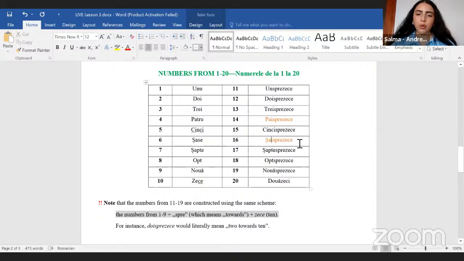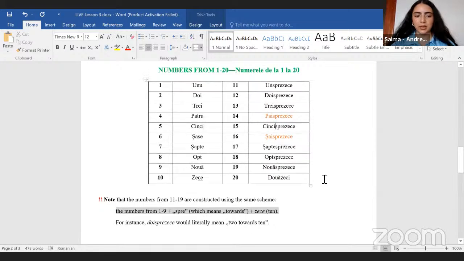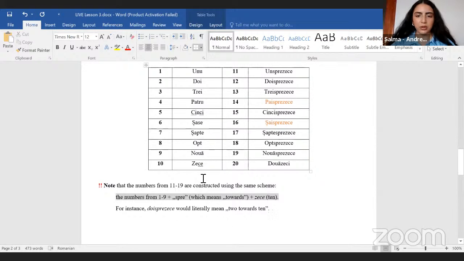So these are the only two exceptions, but other than that, it is just the number plus spre, towards, plus 10. I actually wrote it down here for you, so you will have a written form of this explanation as well. This goes on for numbers starting from 11 and up to 19.